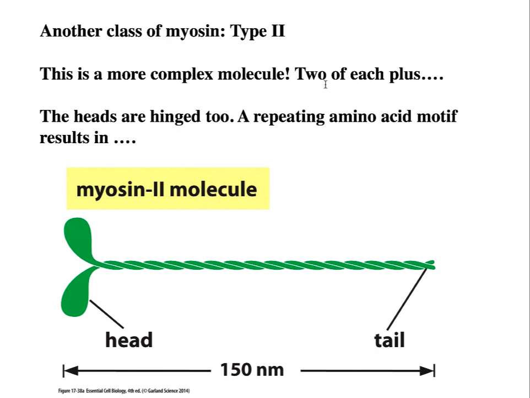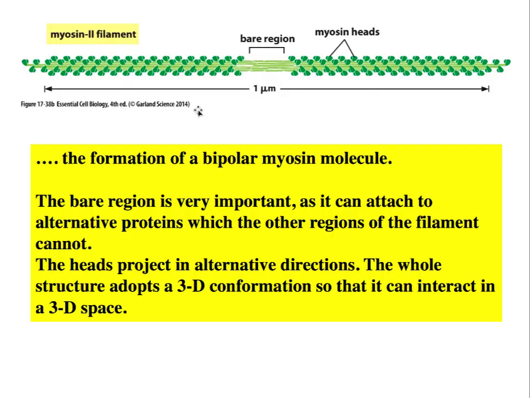It consists of two subunits wrapped around each other, and the heads are hinged as well, in that they can move independently of the tail regions, and the tail regions have repeating amino acid motifs along their length so that they repeat various structures. Under normal physiological conditions, the myosin subunits come together to form this bipolar structure, which is quite large. It's 1 micrometer in length.